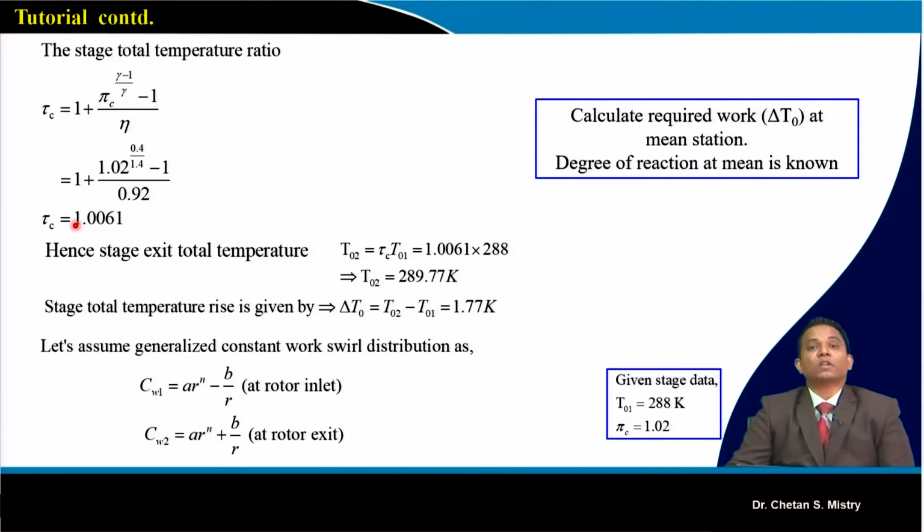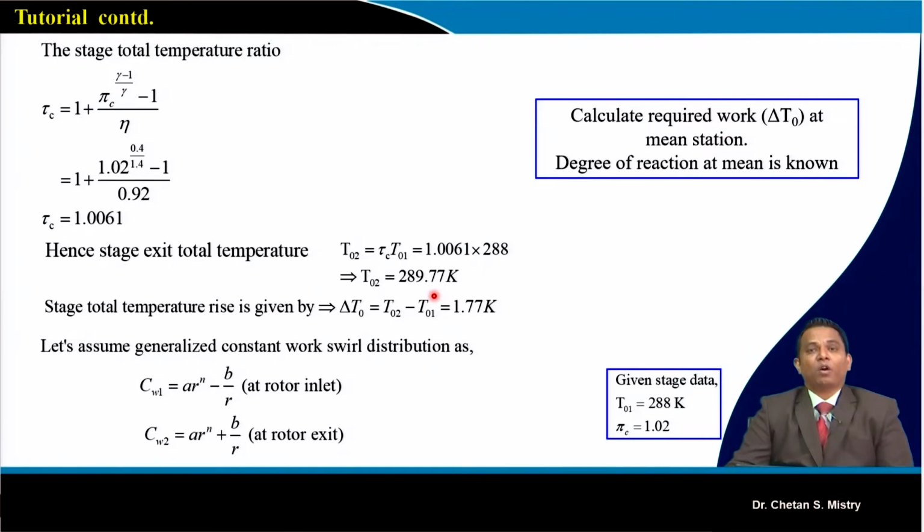Since this is a low speed compressor, the pressure ratio is also lower, 1.02, which gives the temperature ratio in this range. We know the entry temperature, so based on the temperature ratio we can calculate the outlet temperature. Once the outlet temperature is known, we can calculate the total temperature rise in the stage, which we write as delta T0, it is 1.77 Kelvin.